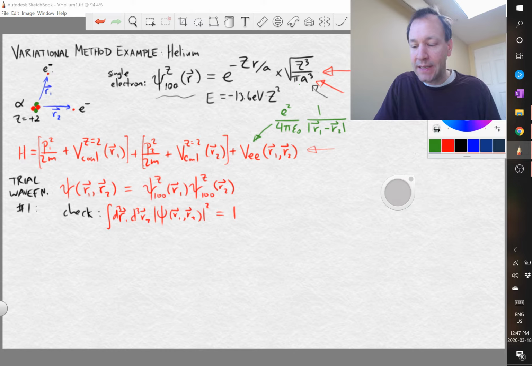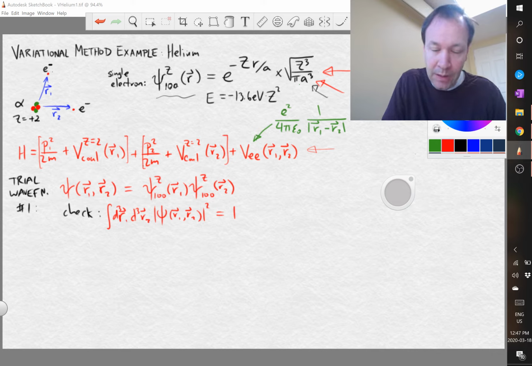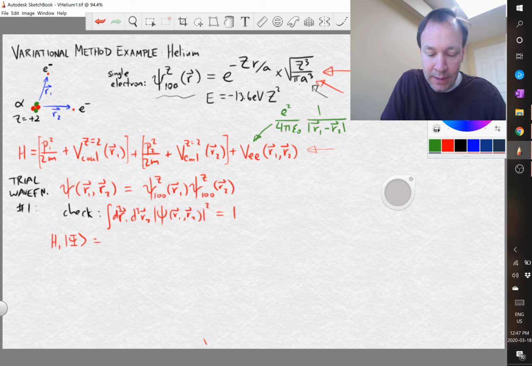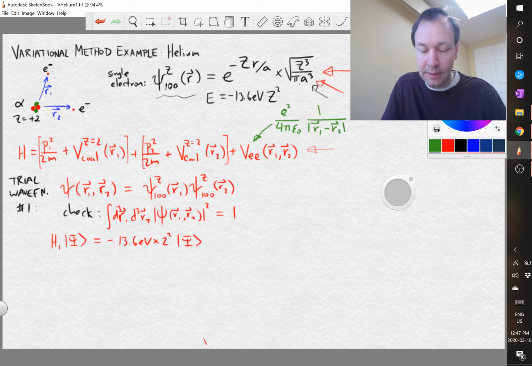And then step 3 is to compute the expectation value of our full Hamiltonian for this state. For that, it's useful to know that the trial state we've chosen is actually an eigenstate of H1 and of H2. So H1 on our state gives minus 13.6 eV times 2 squared times our state.